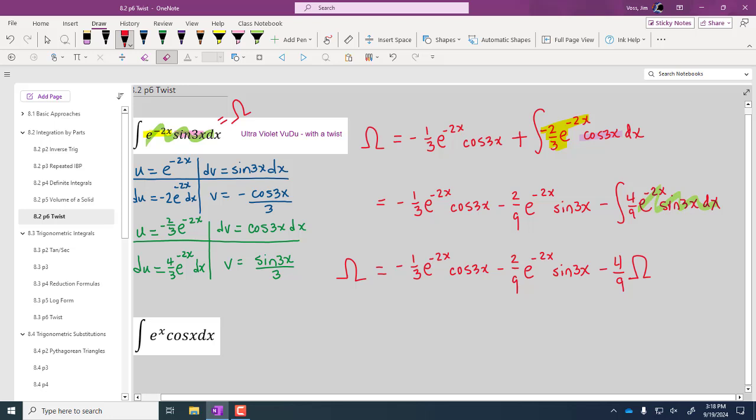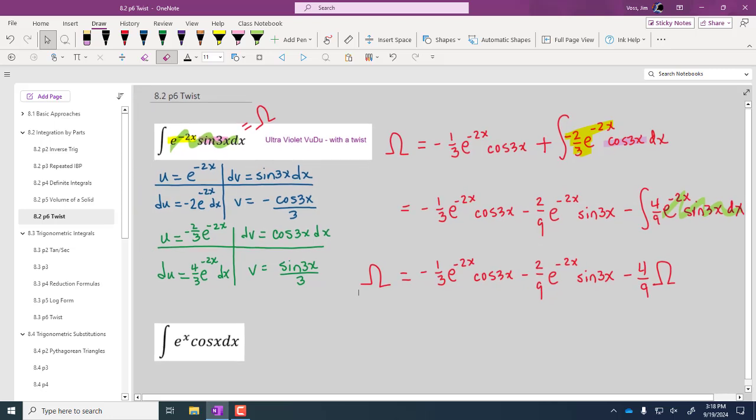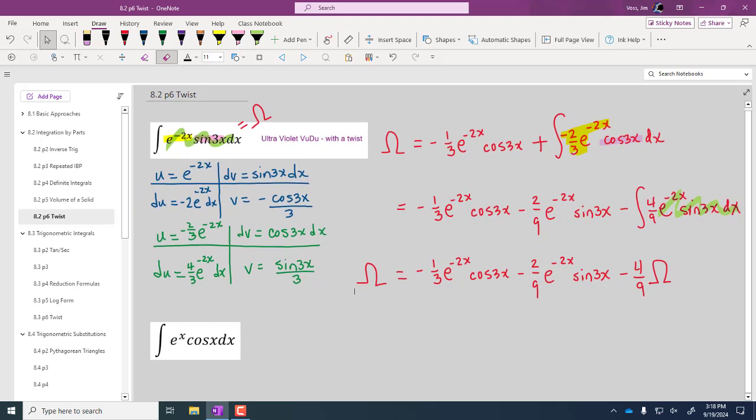Because we said omega is the original integral. Right, so omega is the integral of e. And that's what we have right here. So we have negative 4/9 times that, e to the negative 2x sine of 3x. I can say it. That's an algebraic equation. We are back to algebra 1.